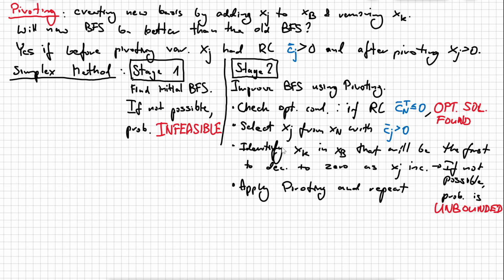And if at some point we find that an improvement is possible, but no basic variable decreases to 0 as we introduce variable xj into the basis, then we have an unbounded problem. So we have the 3 cases.